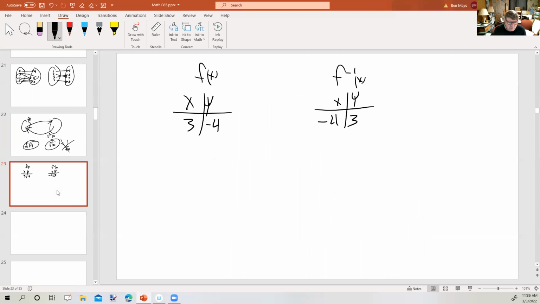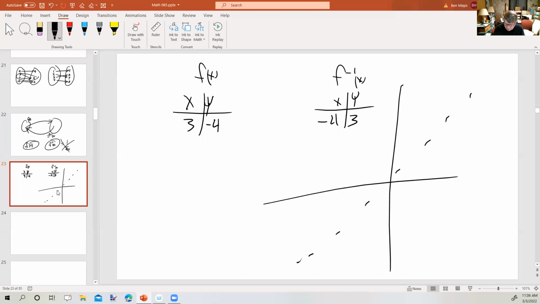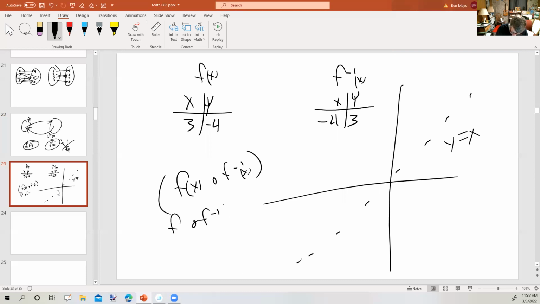If you graph a one-to-one function and its inverse on a graph, they're symmetric about the line y equals x. And also, if you compose f of x with f inverse of x, I guess it should look like this.